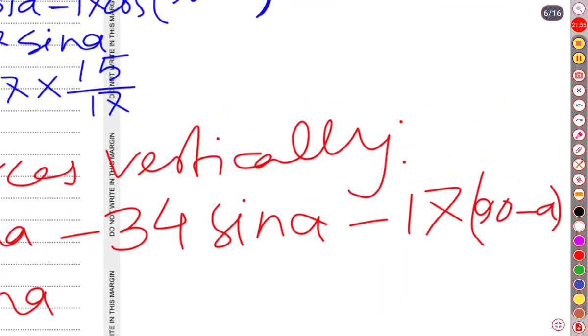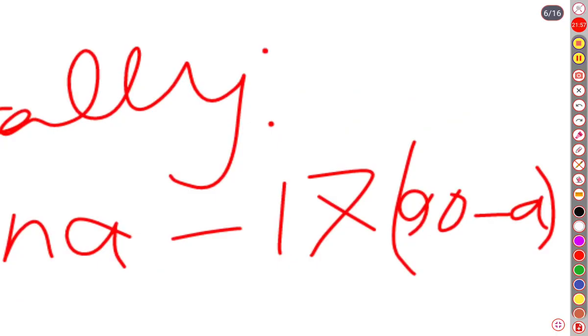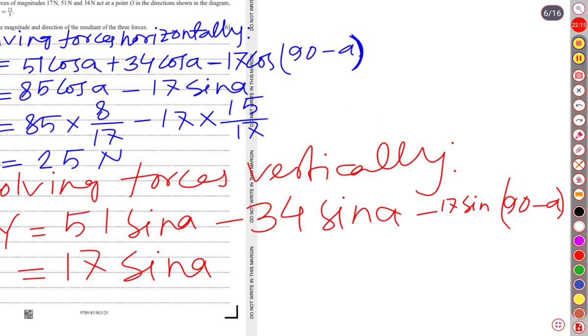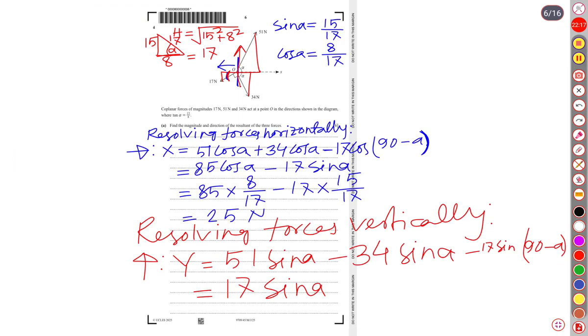Erasing this, let me write here 17 sine actually, because we are resolving the forces vertically. So it is 17 sine 90 minus alpha. Sine 90 minus alpha is cos, well. So that is minus 17 cos alpha.